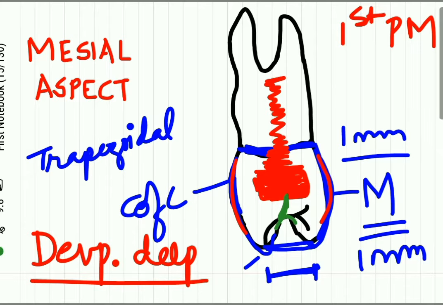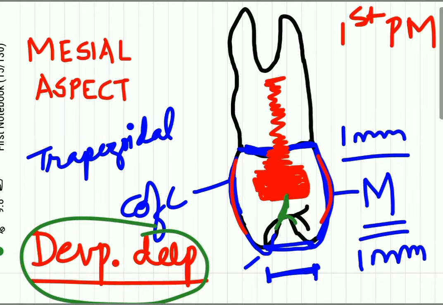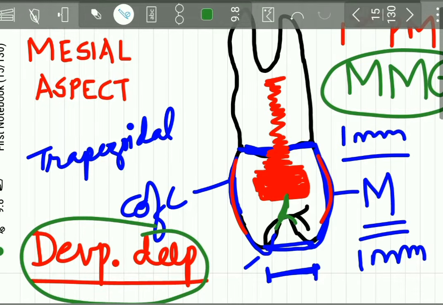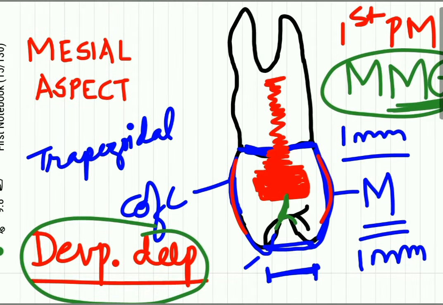This mesial marginal groove terminates a short distance cervical to the mesial marginal ridge on the buccal side. So, the developmental depression and the mesial marginal groove are the two distinguishing features on the mesial surface of the maxillary first premolar.